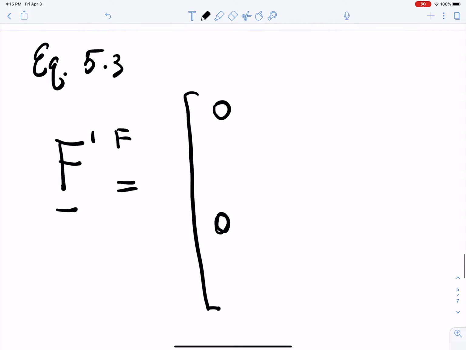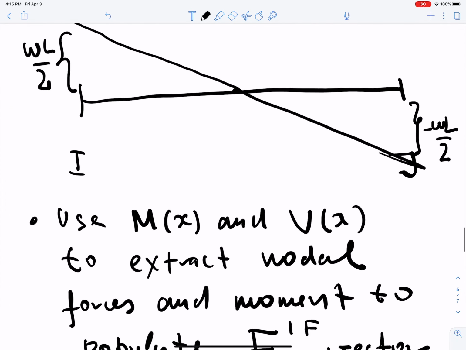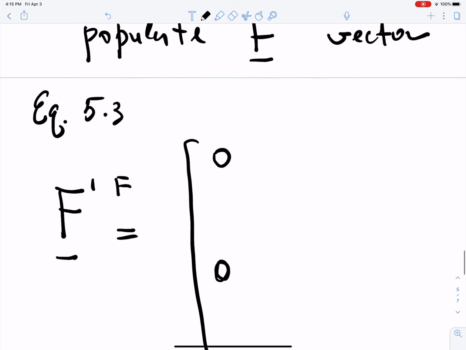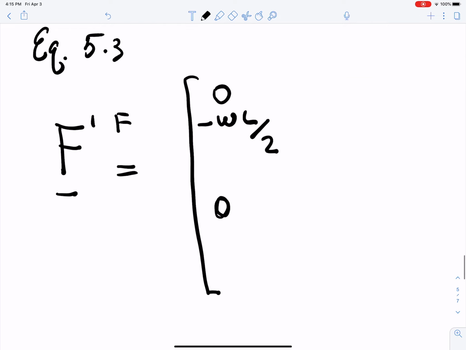Now let's collect the horizontal forces, vertical forces. So unit outward normal points this way, unit outward normal points that way, so -1 here equals to +1. When I get the value at the node I, I take the -1, multiply by WL over 2, and get minus WL over 2 here.